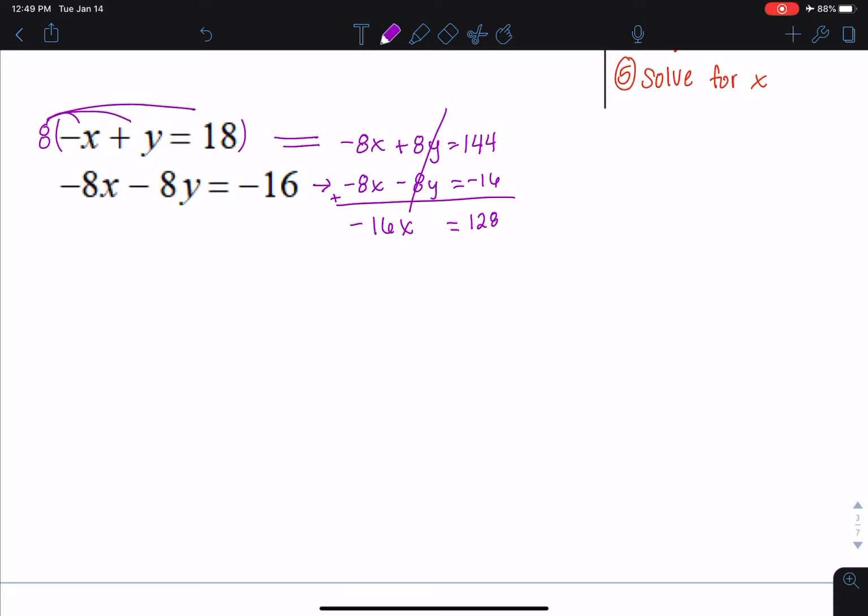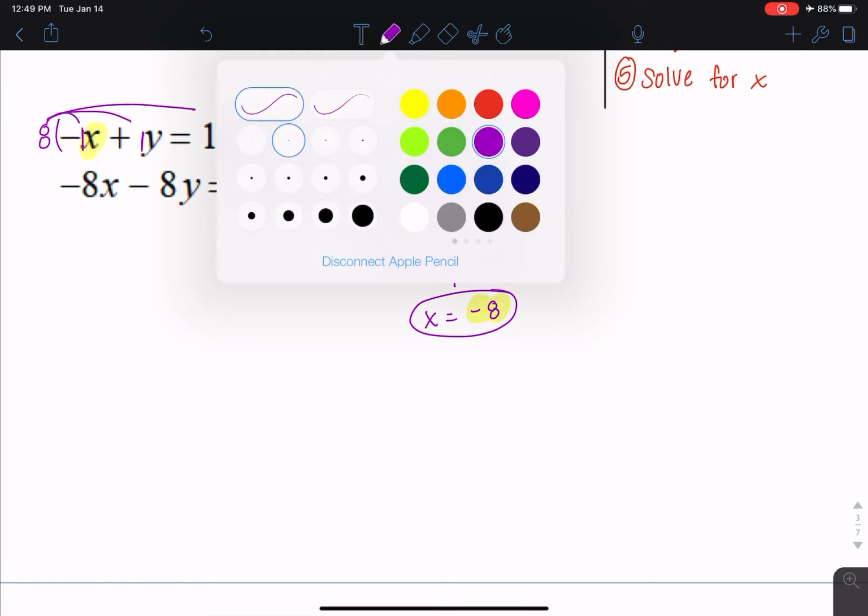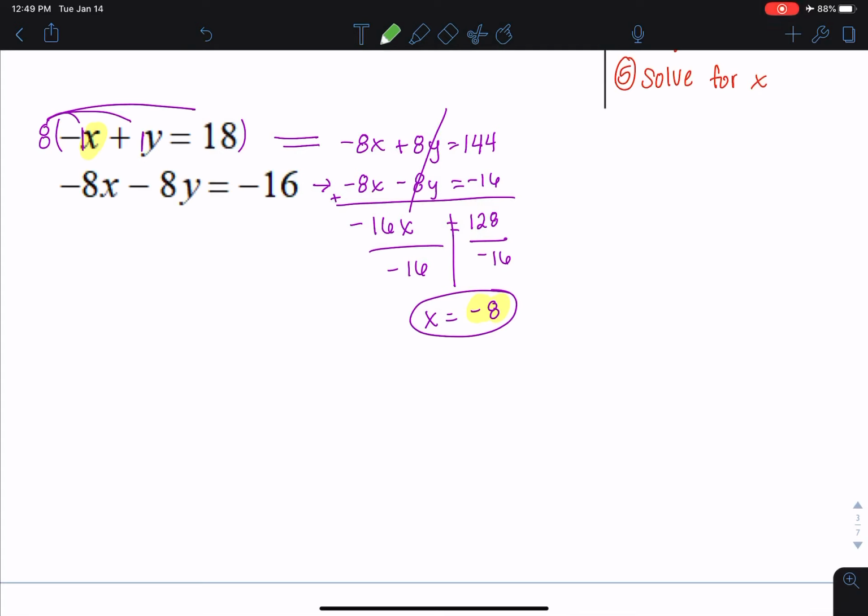So now I can solve for x. We're going to divide by negative 16. X equals negative 8. Now I take the negative 8 and I plug it into either equation. It doesn't matter. I'm going to plug it into this first equation. So remember there's a 1 here and a 1 here. So step 2, I've got negative 1 instead of x, we're using negative 8, plus 1y equals 18.